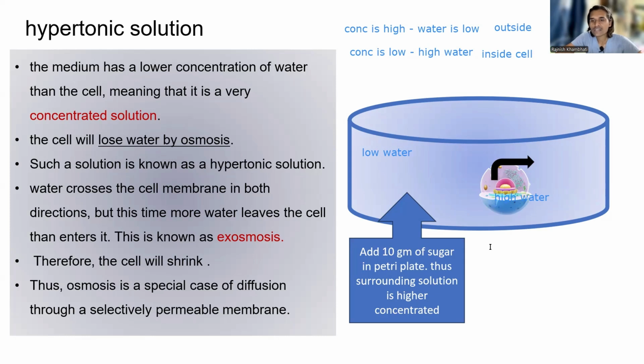So basically, what should happen? Water should move from its high concentration, that is inside the cell, to the outside solution. That is why the outside solution is known as hypertonic solution. And that is how the cell will lose water by osmosis. This is known as exosmosis because water is coming out of the cell. Because of that, the cell will shrink.